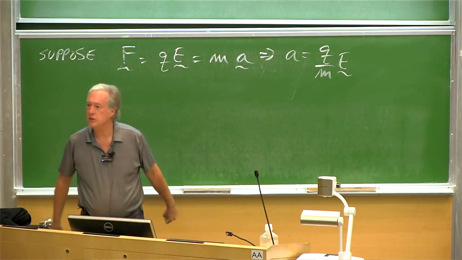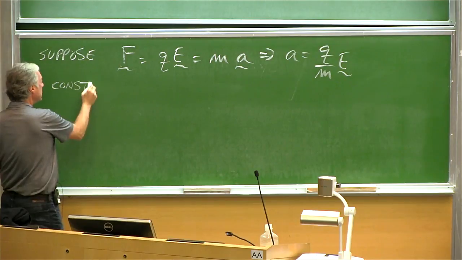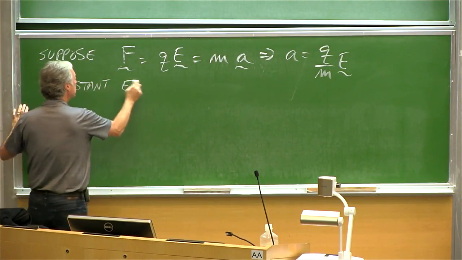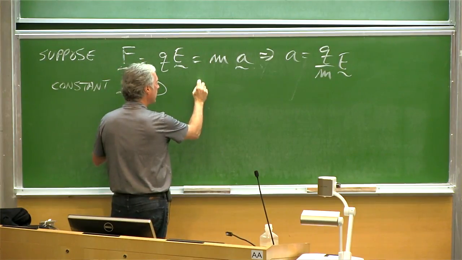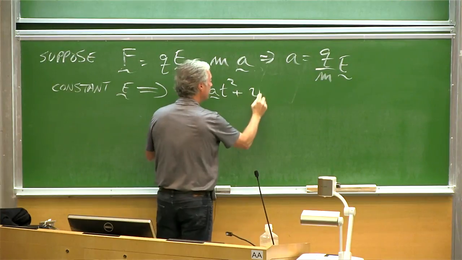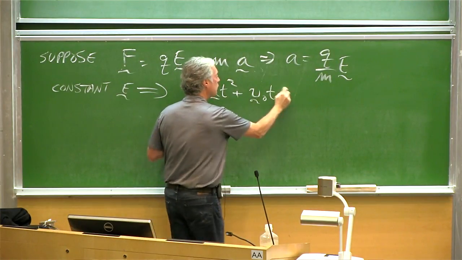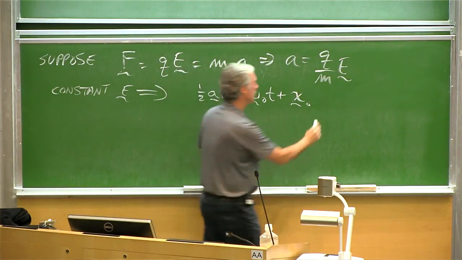What if the electric field is constant? Constant E, then remember, one half A T squared plus V naught T plus X naught equals what?